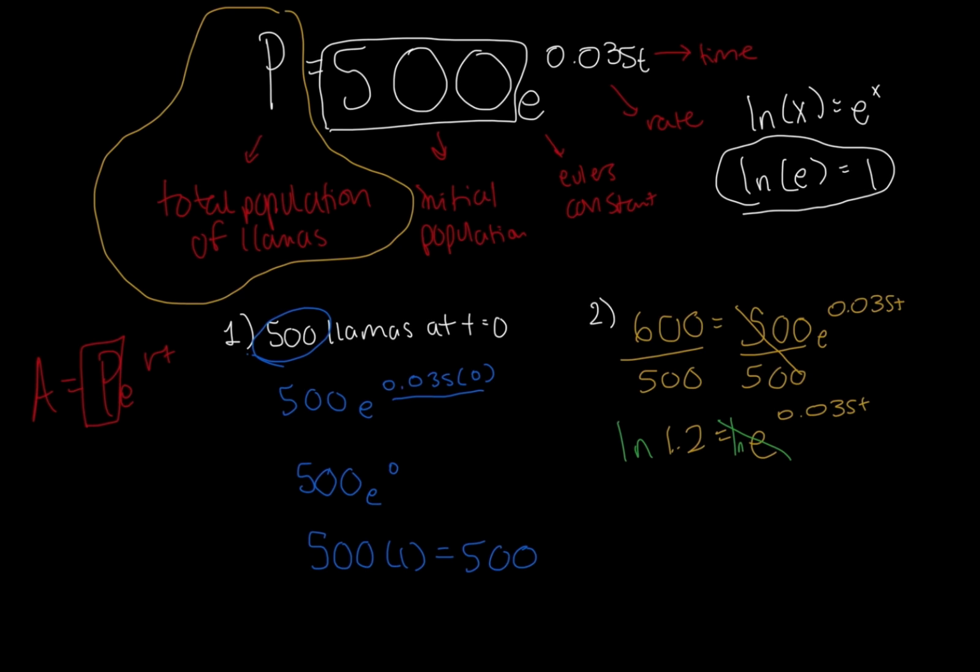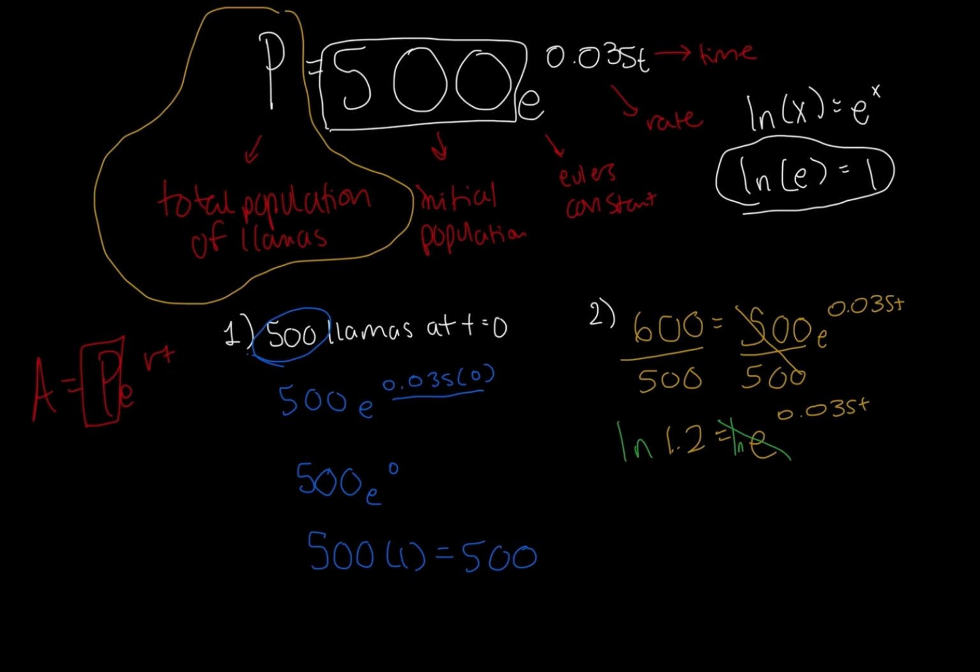The reason why this is so helpful is because once we cancel this out, we're left with 0.035t, allowing us to solve the rest algebraically. However, you do have to do the natural logarithm on both sides in order to balance the equation.